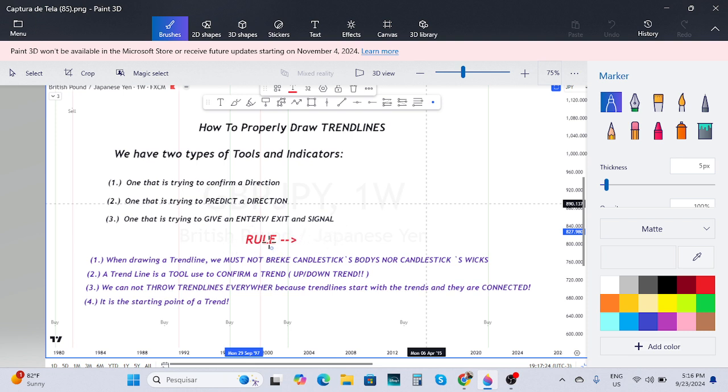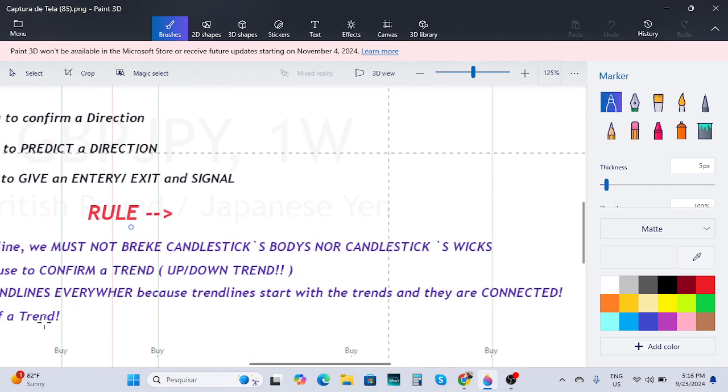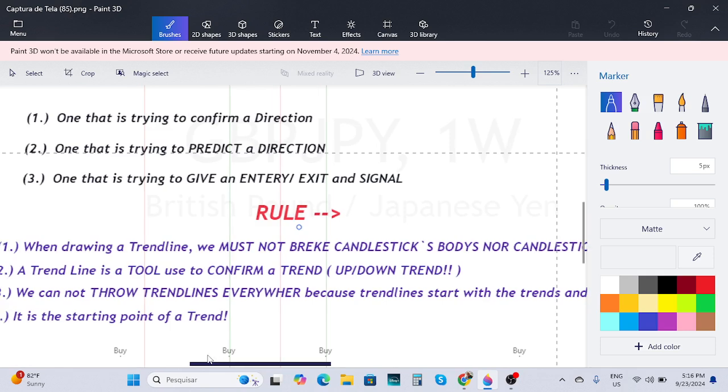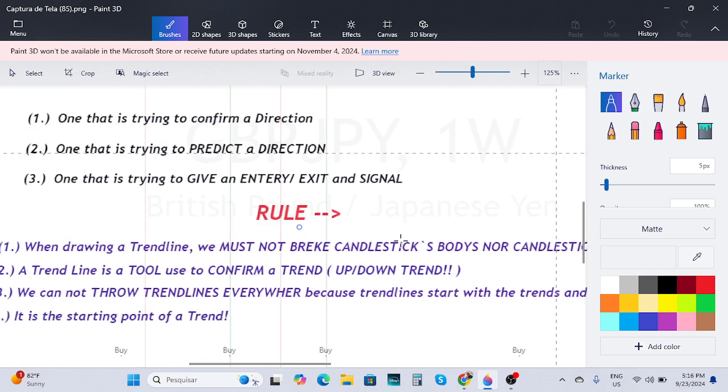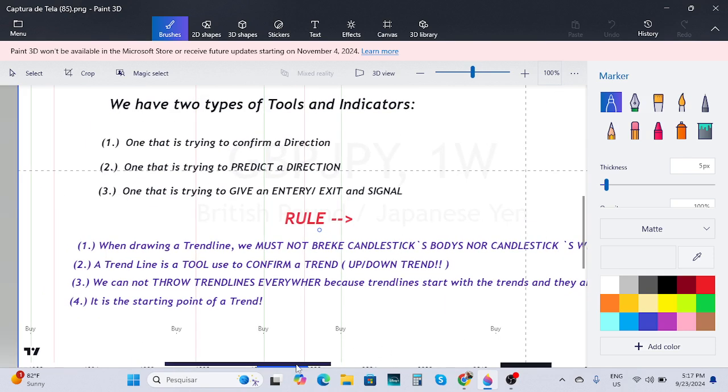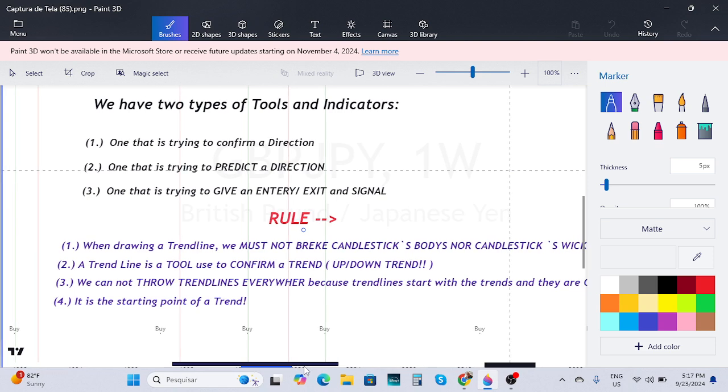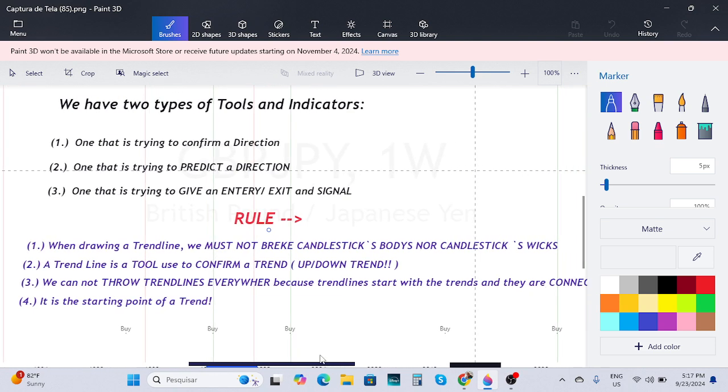Then the rules. Let's look at the rules. Rule 1: when drawing a trend line, we must not break candlestick bodies nor candlestick wicks. Rule 2: a trend line is a tool used to confirm a trend, either an uptrend or a downtrend.